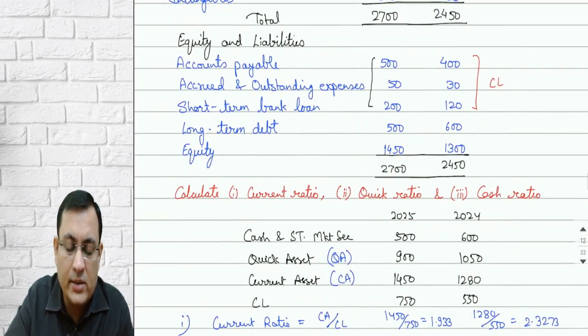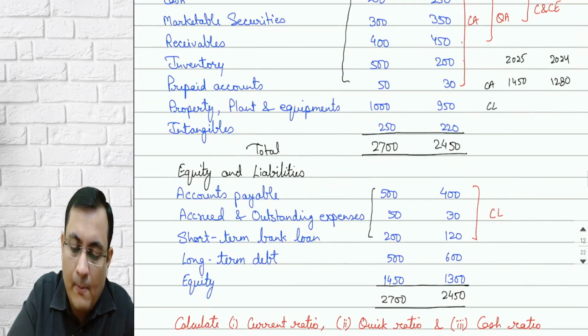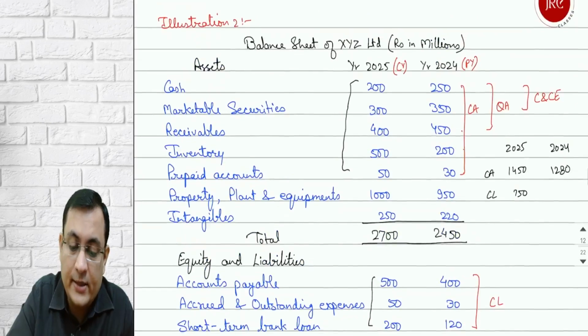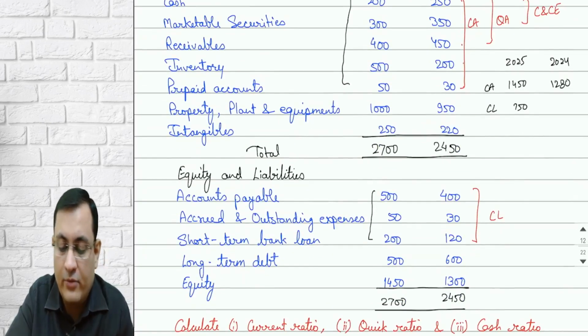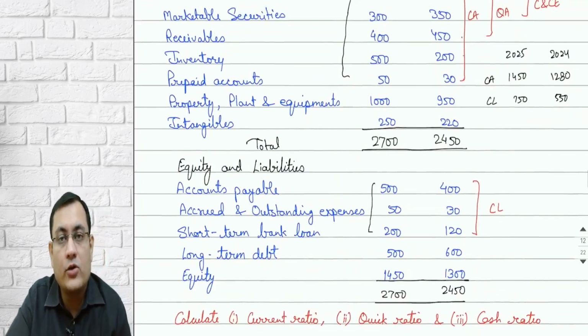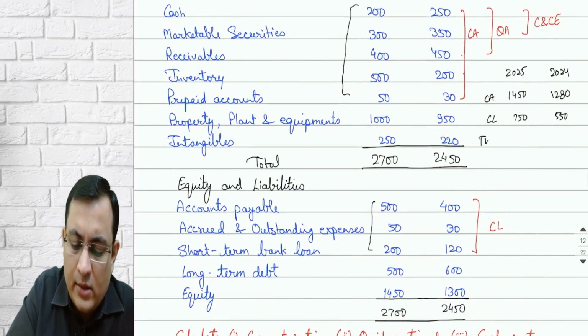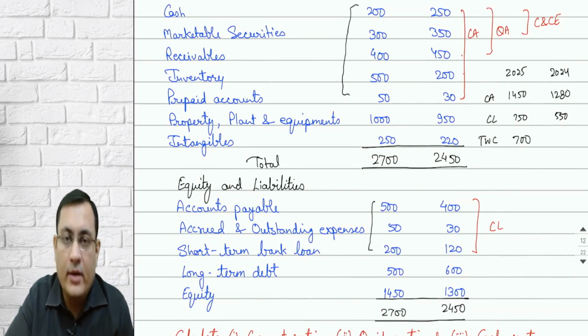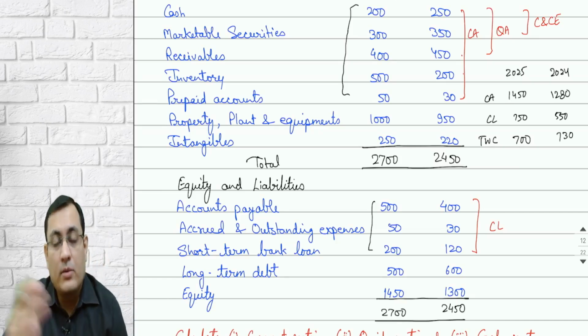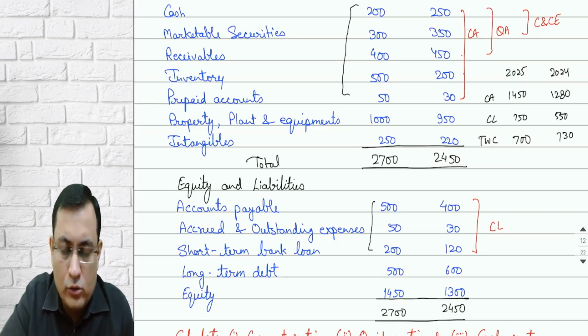Current liabilities are 750 and last year, that is 2024, it is 550. Same numbers we have used in the current ratio also. So what is your TWC? TWC in this case is 700 million rupees, and in this case it is 730. So from 730 your working capital reduced to 700.